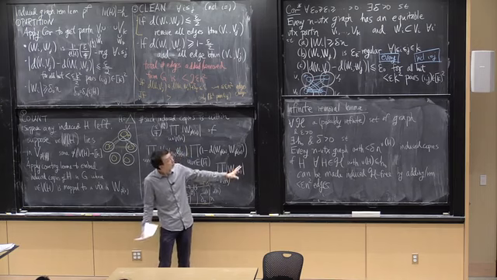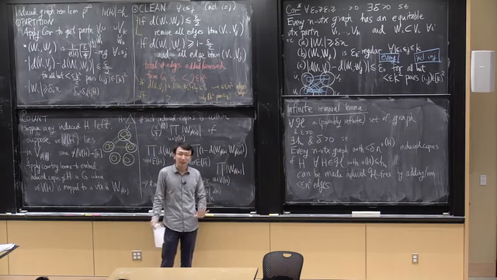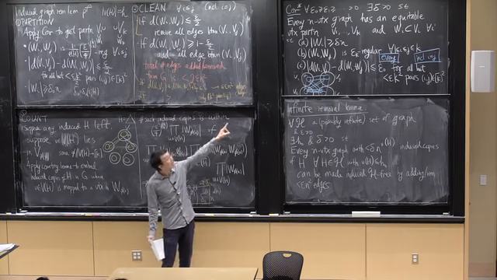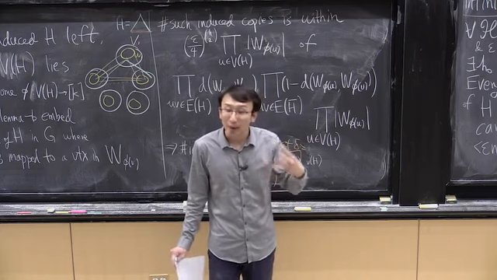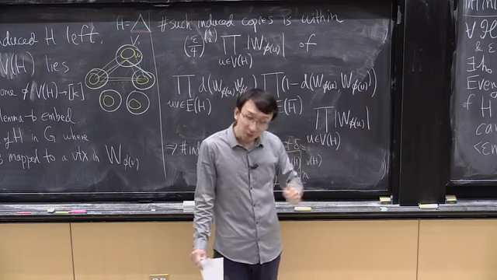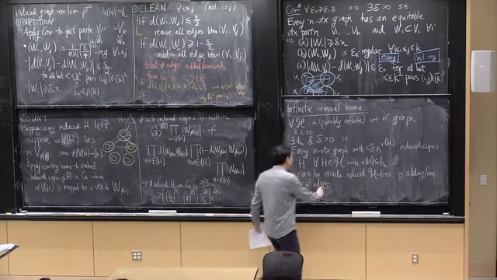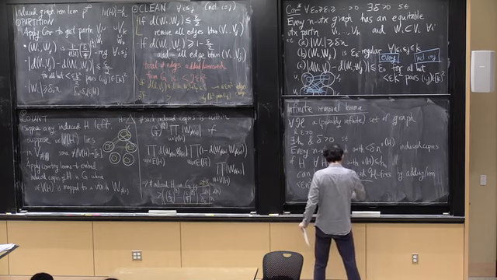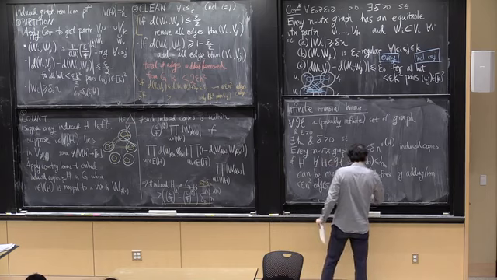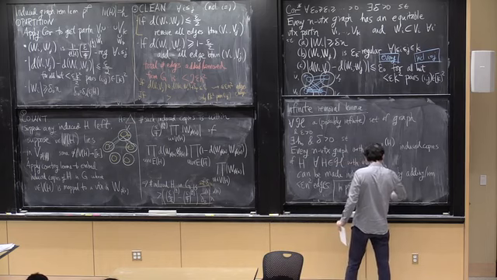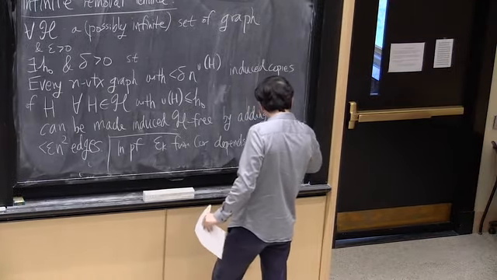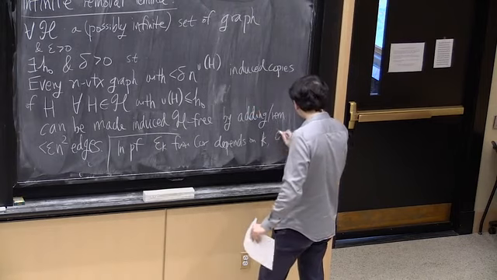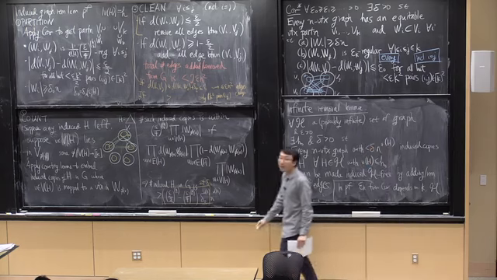And I claim that the proof is more or less the same as the one that we did here, except now you need to take your epsilon k from the corollary to depend on k. You need to, in some way, look ahead in this infinite pattern. So in the proof, this epsilon k from the corollary depends on k, and also it depends on your family of patterns h.